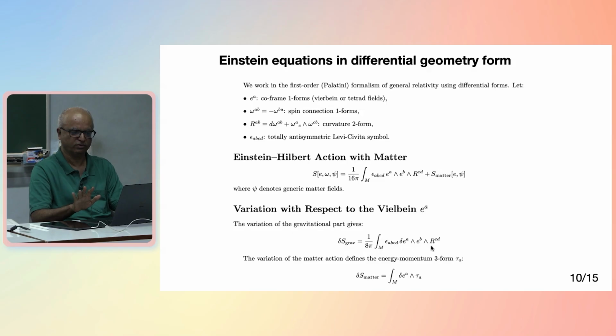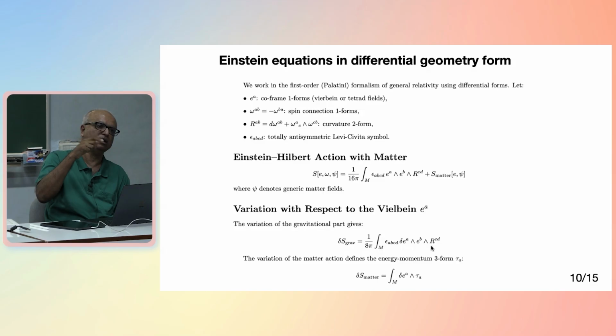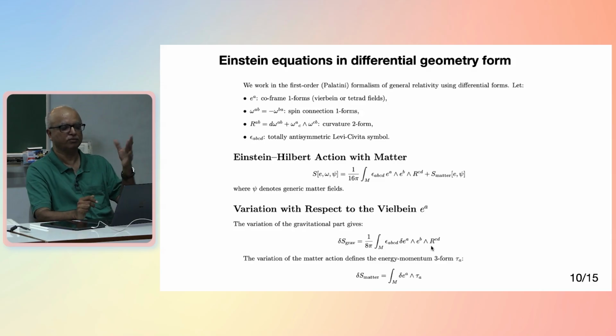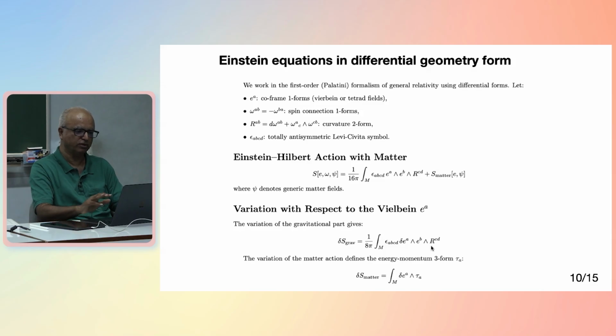I will not go into that in detail. It turns out that can be written as a so-called boundary term. Patrick will show that. So if you have the Ricci scalar written as g^{ik} R_{ik}, you do a variation. There will be a variation on delta g^{ik} times R_{ik}. There will be a variation on g^{ik} times delta R_{ik}. That delta R_{ik} can be converted into a boundary term. So that's why it doesn't show here.